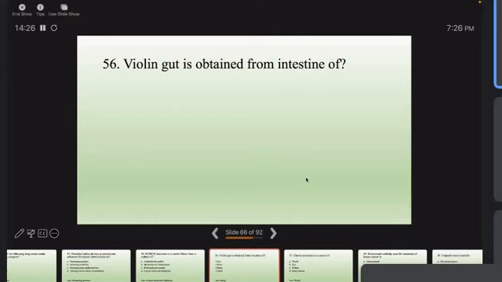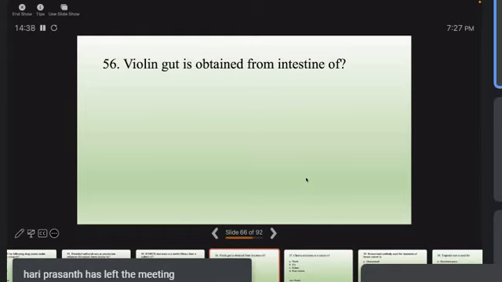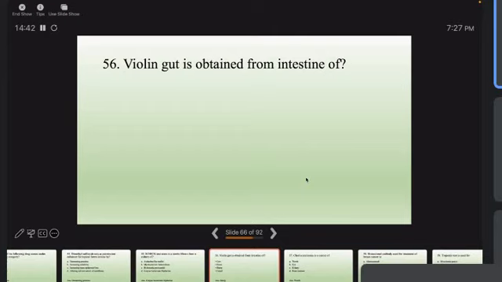Something very logical. Violin thread. Yes, exactly. Violin strings are made of these intestines. So let us see from which animal it is taken.